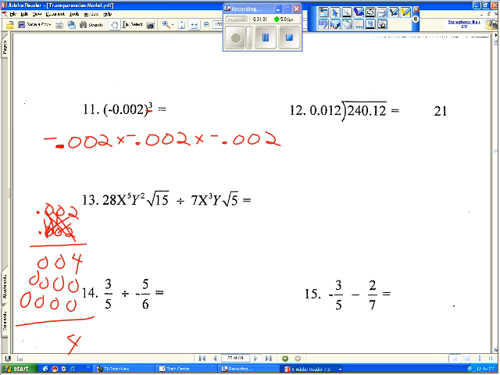I have a bunch of students that when they multiply .002 times .002, they don't just put 4, they multiply through by the first 2, and they get that line, and then they multiply through by that 0 and get that line, and then they multiply through by this 0 and get this line, and then they add all that up, and all they had to do is keep the 4, because all the rest of it's zeros.